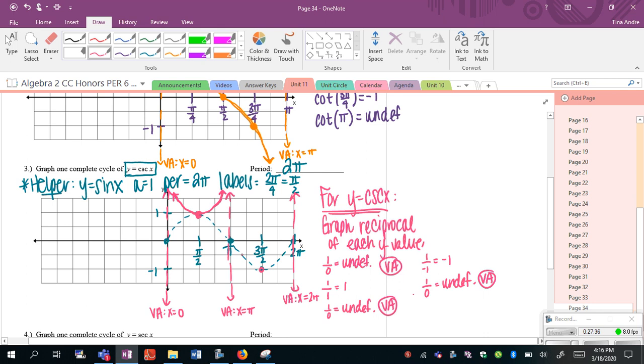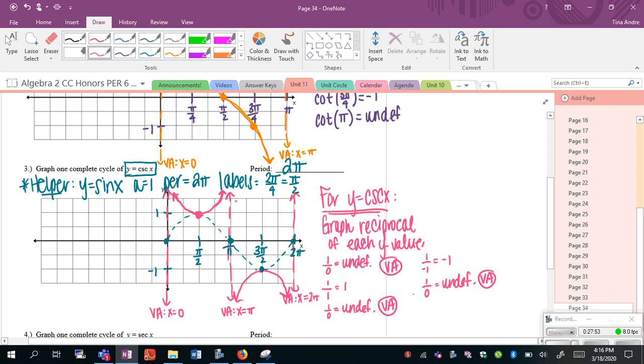So here, if I flip this shape, it's going to end up looking like this, an upside down U, and it's going to get closer to those asymptotes. So that graph in pink is actually my cosecant graph.